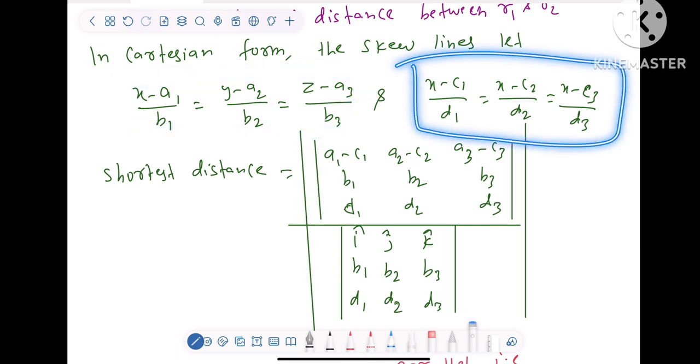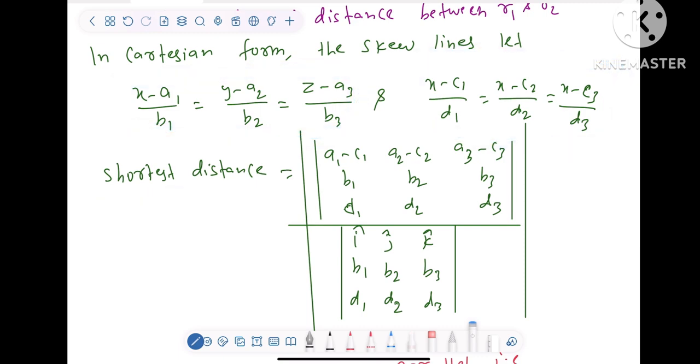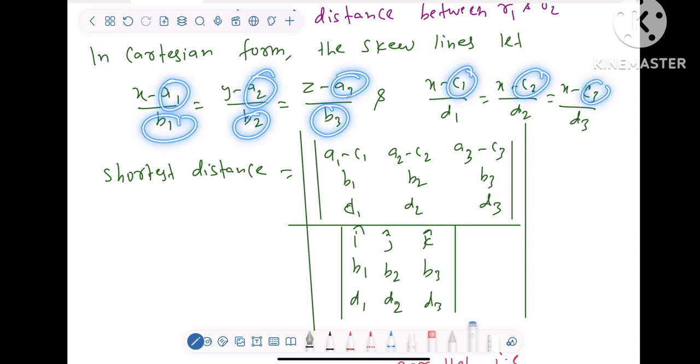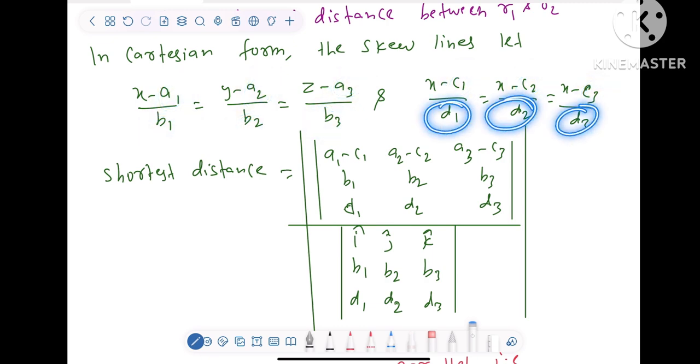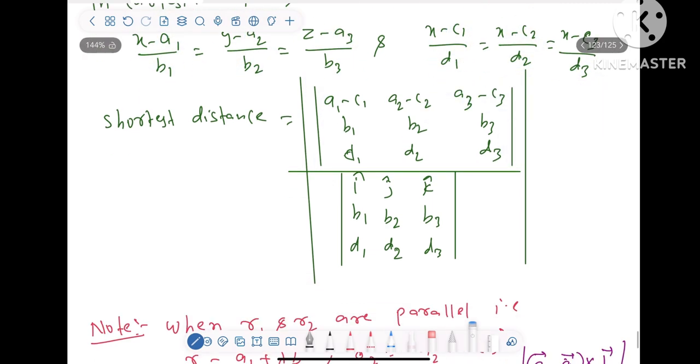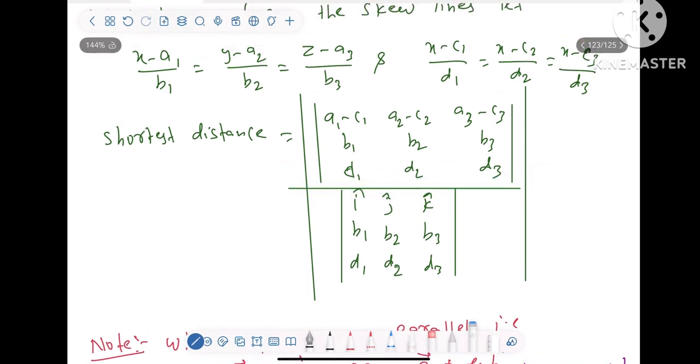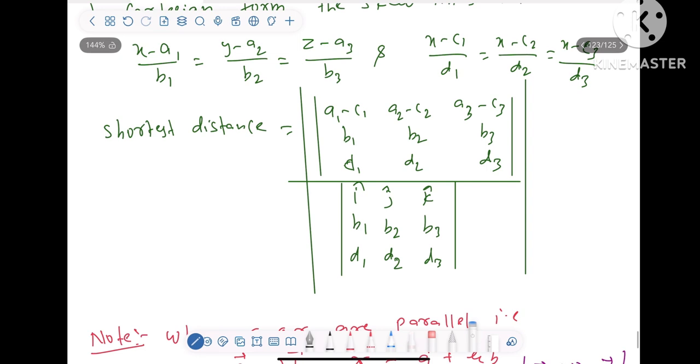The shortest distance will be the determinant of rows (a1 minus c1, a2 minus c2, a3 minus c3), (b1, b2, b3), (d1, d2, d3), divided by the magnitude of b1 cross b2. How can you find b1 cross b2? It is the determinant of i, j, k, b1, b2, b3, d1, d2, d3, whole modulus.